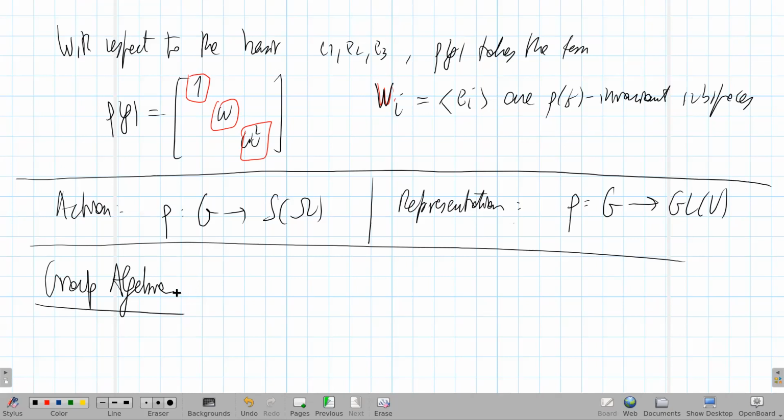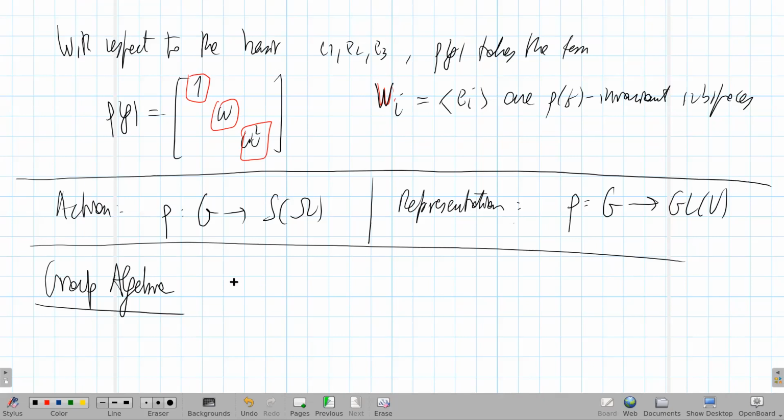Okay, so what's the group algebra? Well, I think you should have seen, at least if you've taken algebra with me, the construction of polynomials. I'll start with recalling the construction of polynomials, because the group algebra construction is in a sense based on that one.